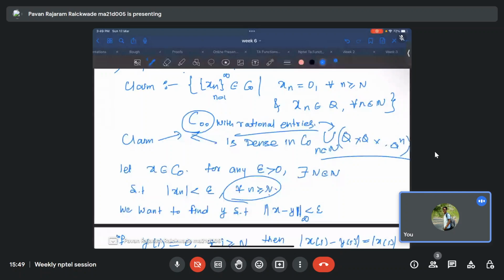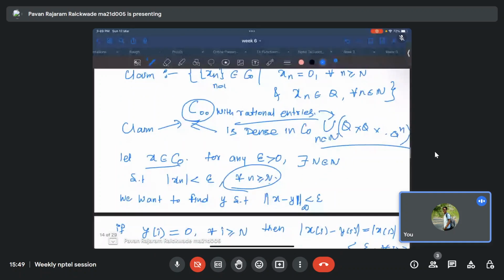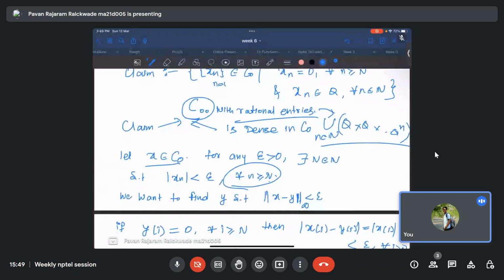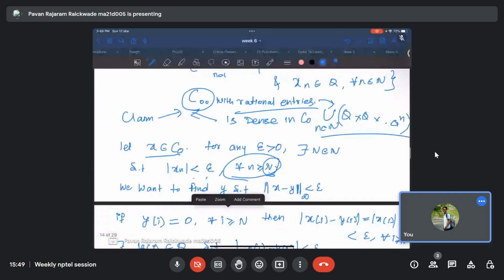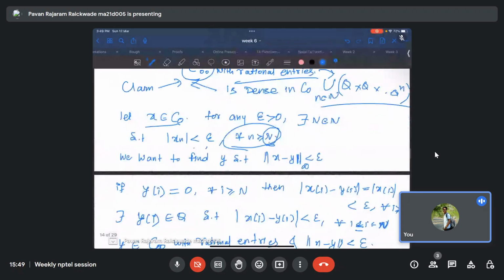So I take a point x belonging to c naught. For any epsilon positive, because x is in c naught, x_n goes to 0 as n goes to infinity. Hence there exists a capital N such that the modulus of x_n is less than epsilon. Now I want to find a y belonging to c double naught.